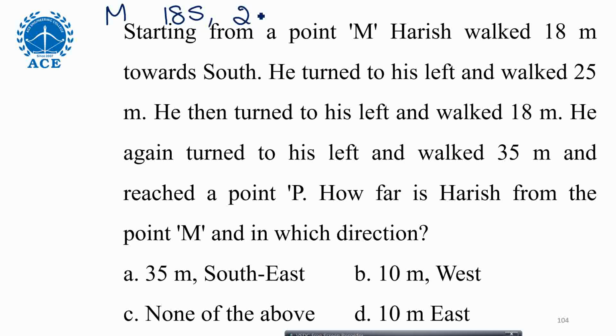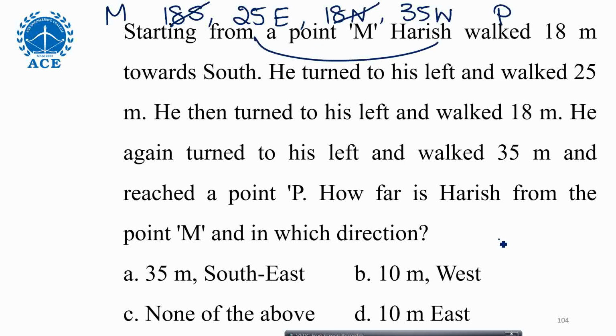East will come, 25 east. Again left side they said, for east left side means north, superb. Here 18 south, 18 north cancelled. South and north are opposite, right. Then from north again left side, west 35 west. Then you reach your point P. West and east are opposite. You will get 10 west, option B.